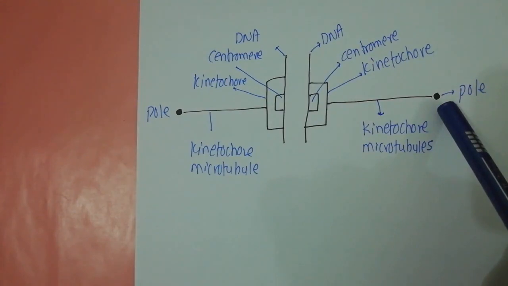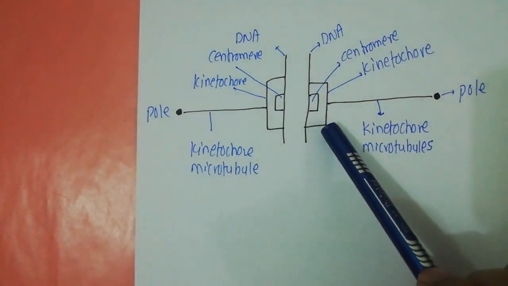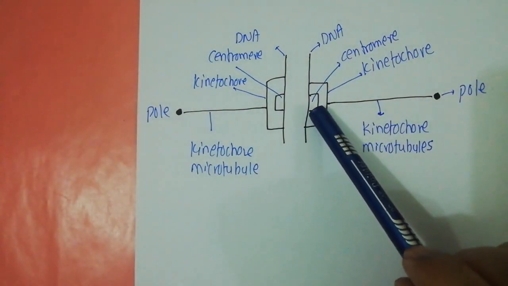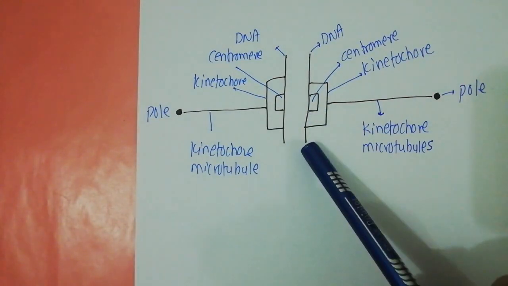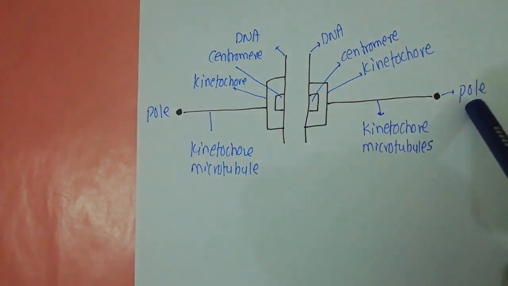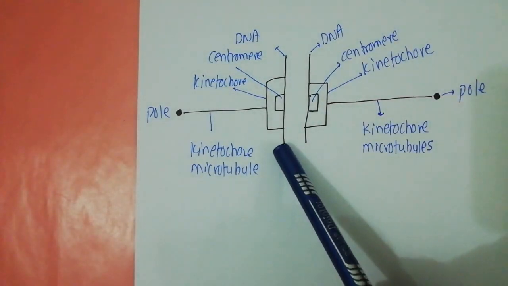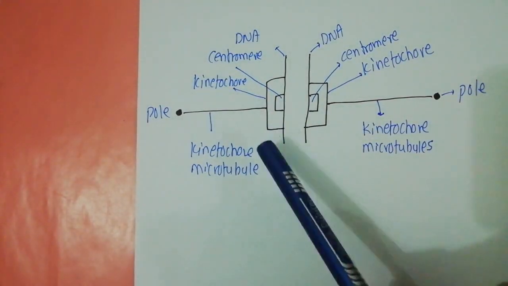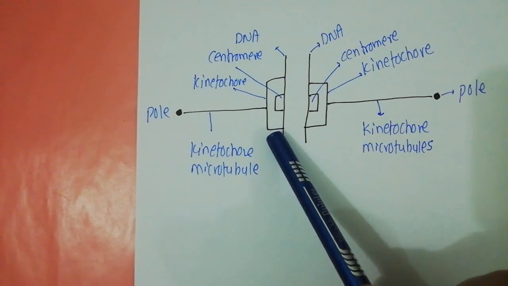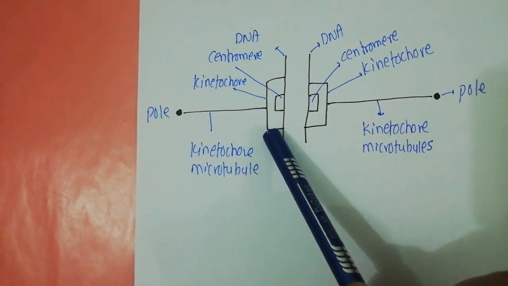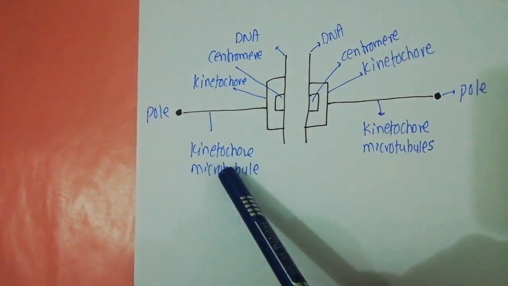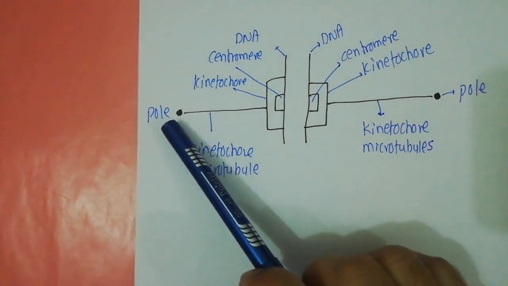Now this means that with the help of this kinetochore and the centromere, you are actually attaching this DNA molecule to this pole of the cell. Similarly, the other DNA molecule has a centromere and a kinetochore protein complex, and again this kinetochore protein complex is attached to the kinetochore microtubules from the other pole.